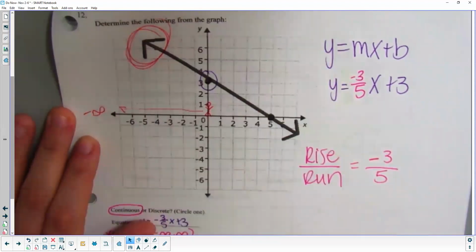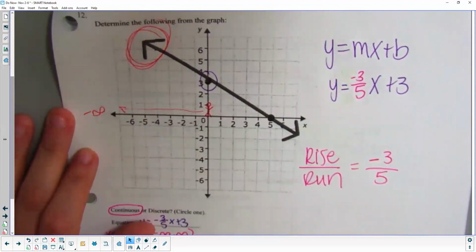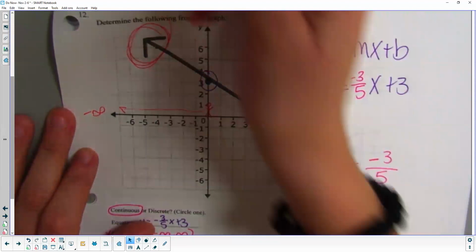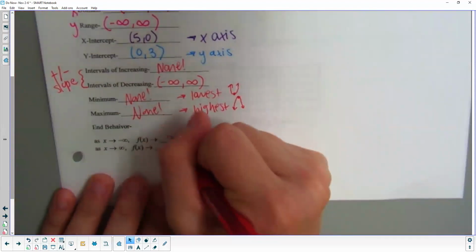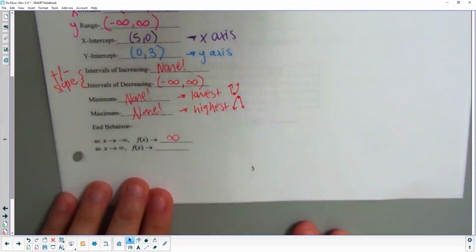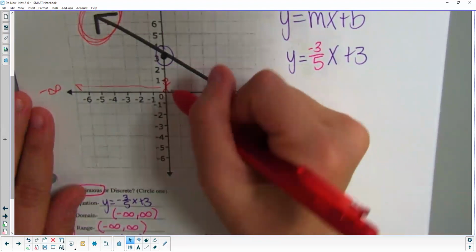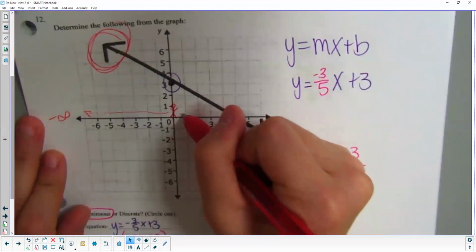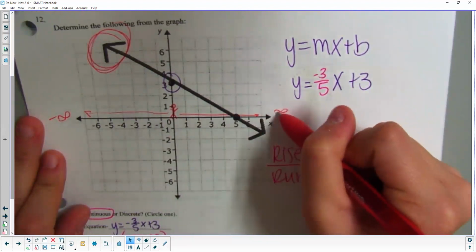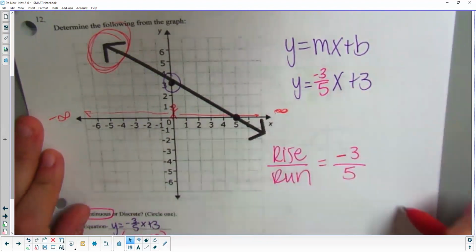It's going to go up and up and up forever towards positive infinity. And it's the complete opposite if I'm going towards positive infinity this way on my x-axis: my graph is going down towards negative infinity.